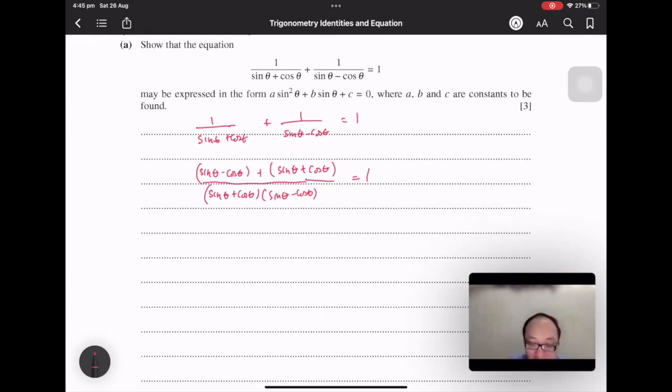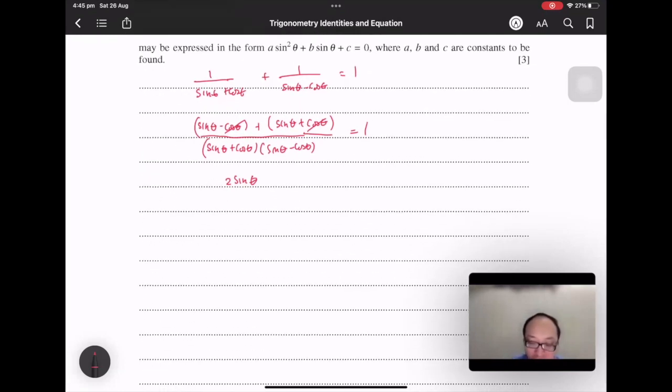Simplify, I have 2 sine theta, and then I can cancel the cos. They are cancelled out. And the denominator will be, this is a plus b, a minus b, so a squared minus b squared equals 1. And then I can cross multiply: sine squared theta minus cos squared theta.